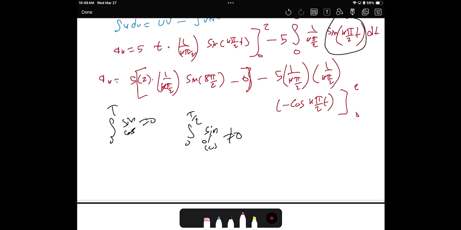After doing the integration and substituting the values, this element will be 0 and this is 0, so the final answer will be negative 5 over k pi over 2 squared times cosine k pi minus 1.